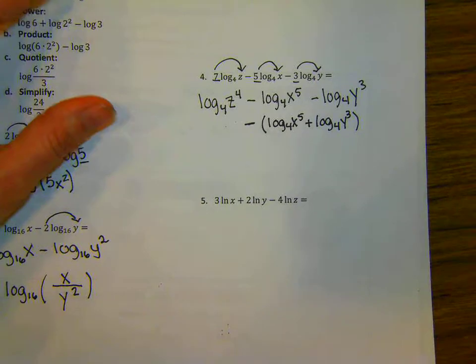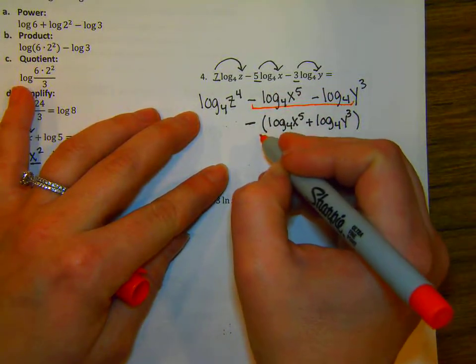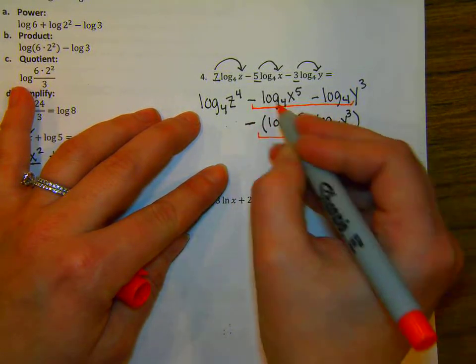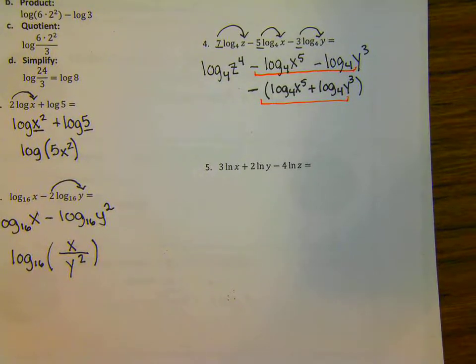This here is equivalent to what I just wrote. Imagine if you had a -1 here and you distributed it, they would be equivalent expressions. So you're going to have to find that.